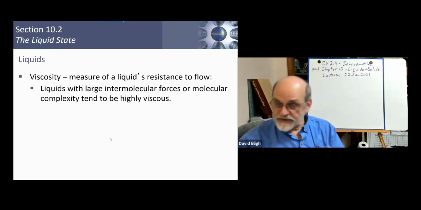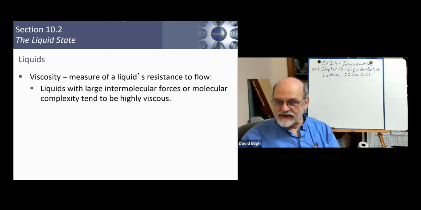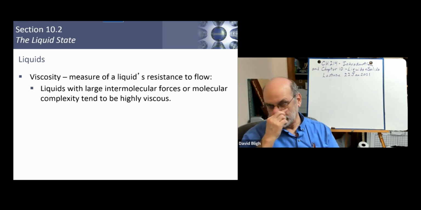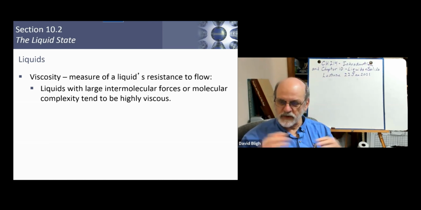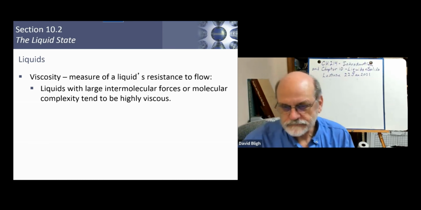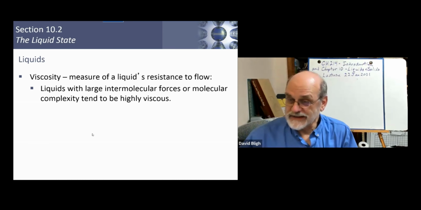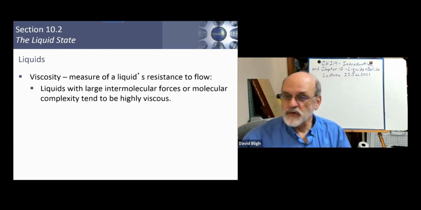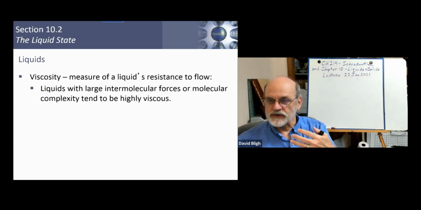High viscosity implies large intermolecular forces. The stronger the forces between molecules, the more viscous the liquid. So as you cool a liquid down, you remove kinetic energy from the molecules, and now the intermolecular forces do not have as much kinetic energy to overcome.